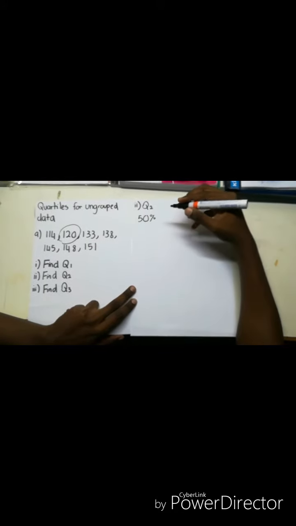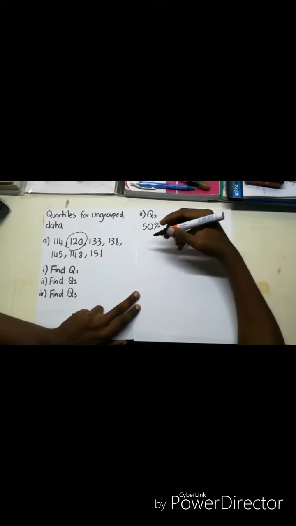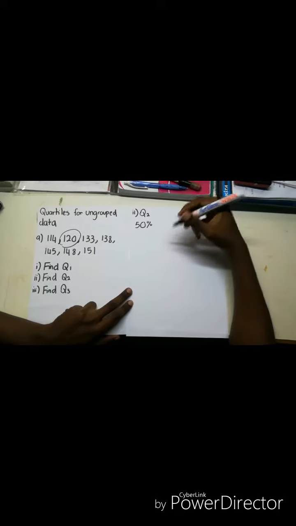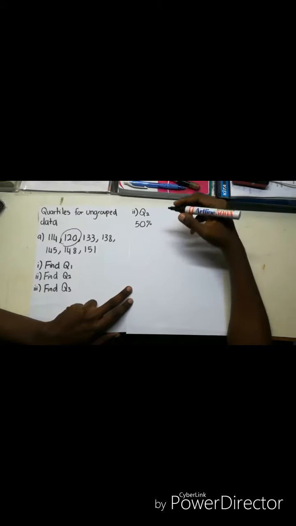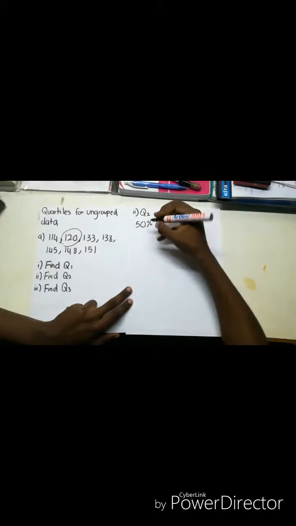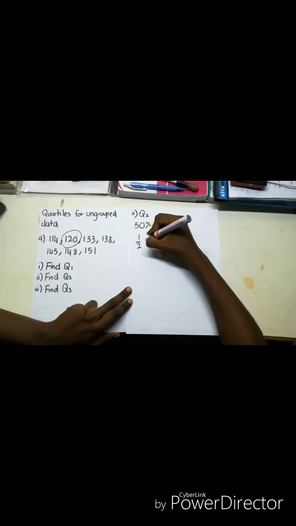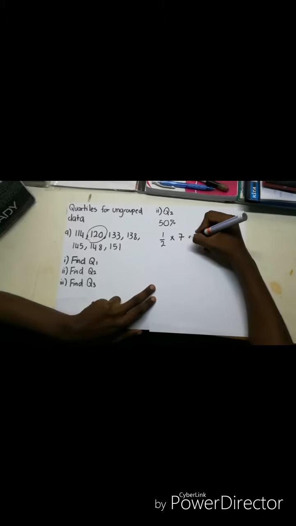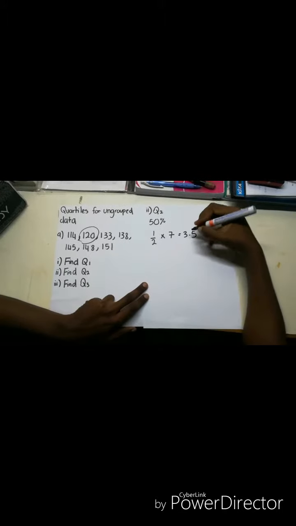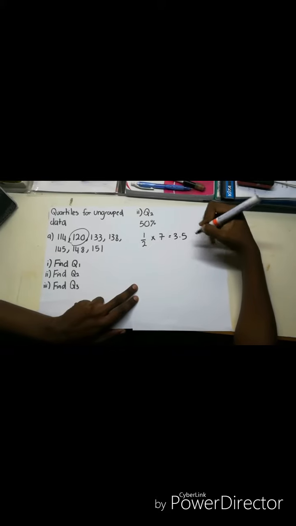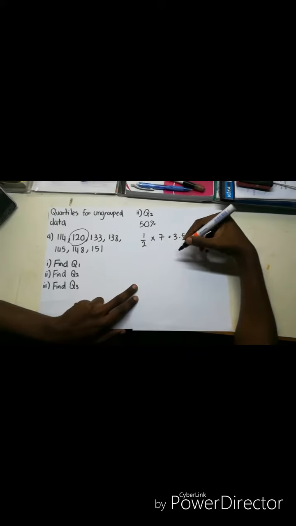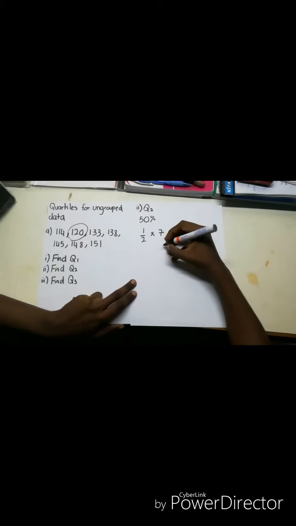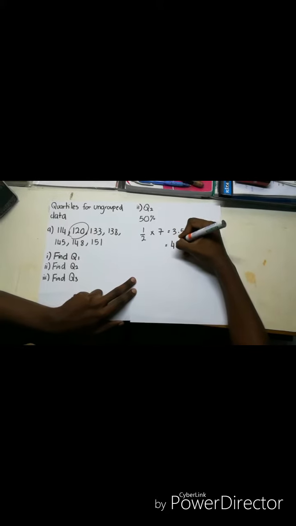Okay, now we go for the second question, which means find the median or second quartile. We know the median or second quartile means 50% of the total number of data. So this means 1 over 2 multiplied by 7, which is the total number of data, we get 3.5. This is also a non-integer number, so we take the following integer number, which is 4, meaning the fourth observation.